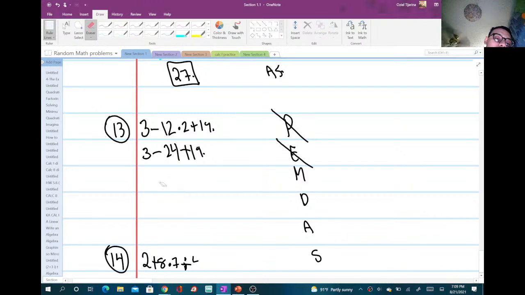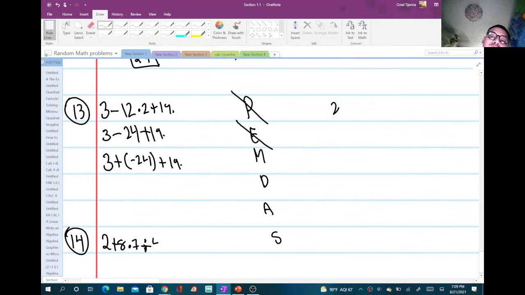We can say that this is 3 plus negative 24 plus 19. So then you can do 24 minus 19, which is going to be 5, I think. So that would give you negative 5 plus 19, which is 14.